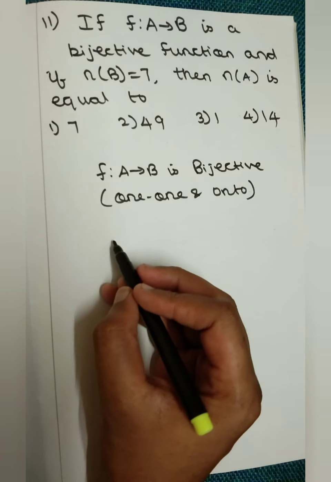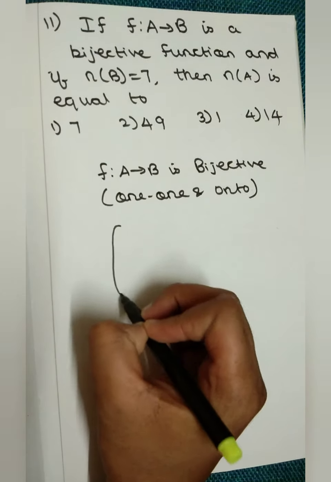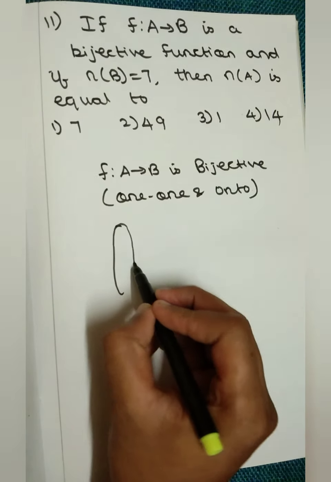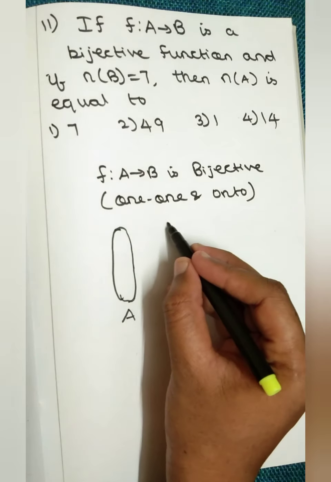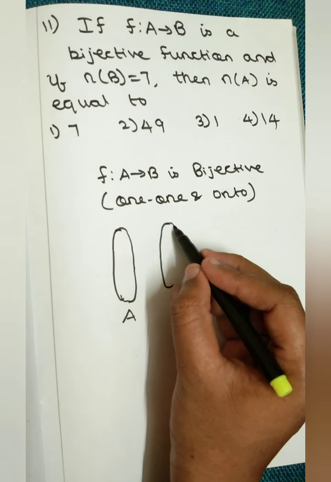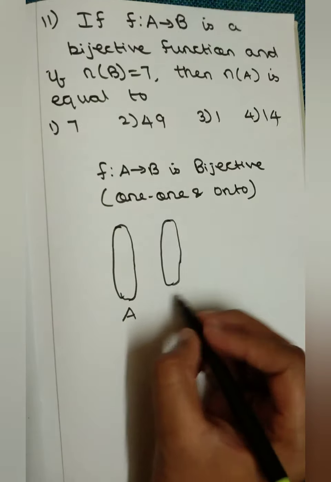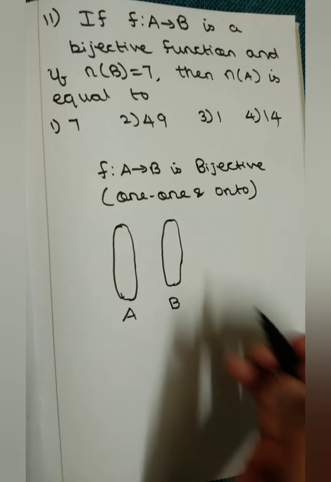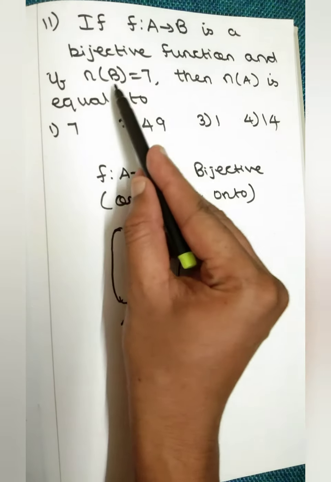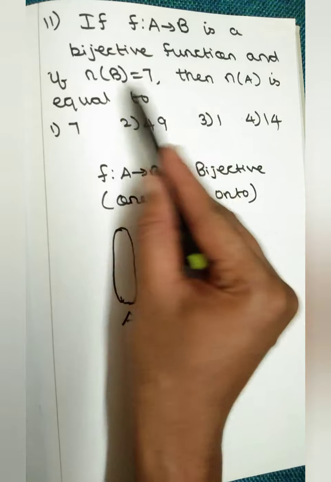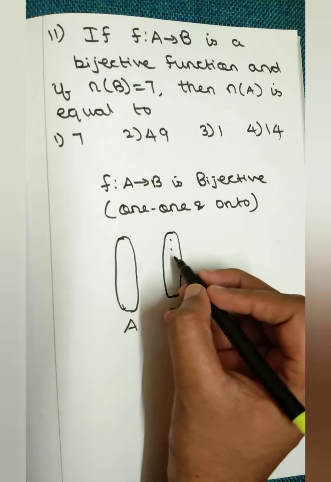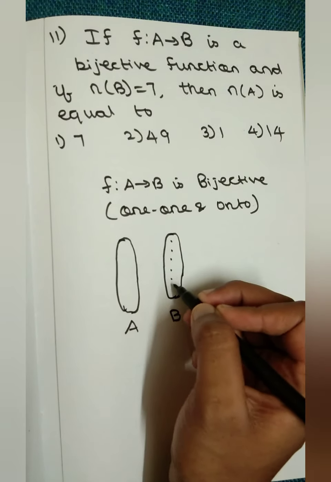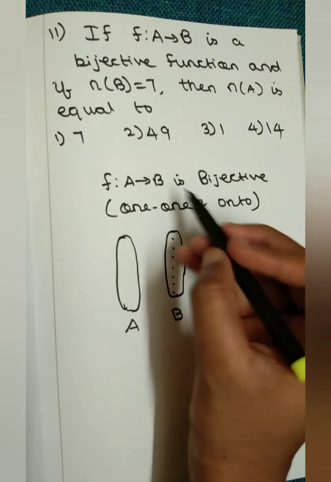Now I am going to explain with the help of an arrow diagram. This is set A and this is B. n of B is 7, that is, B contains 7 elements: 1 2 3 4 5 6 7.